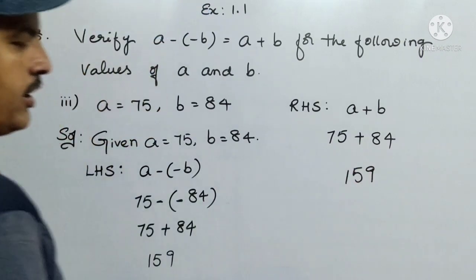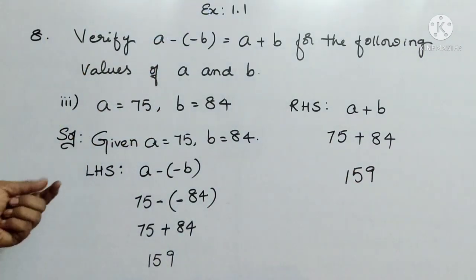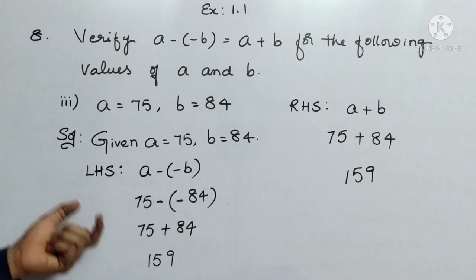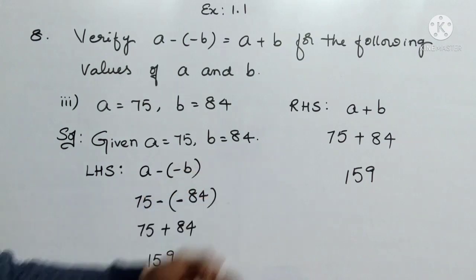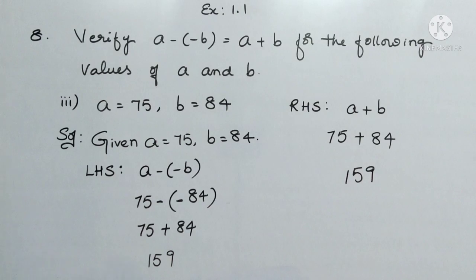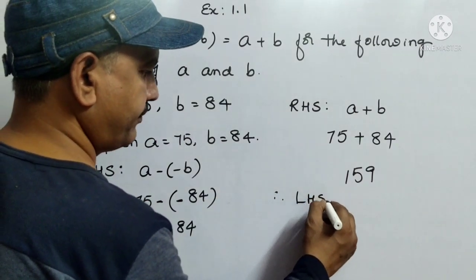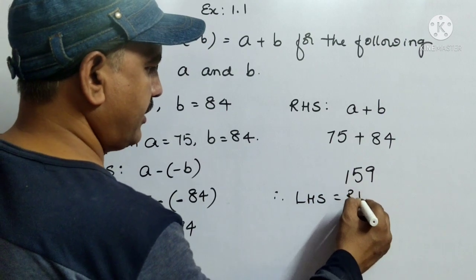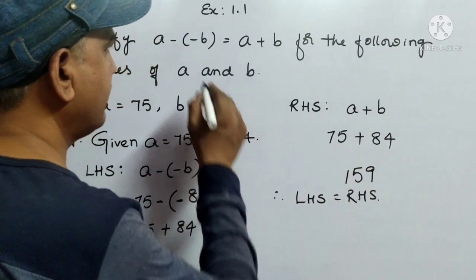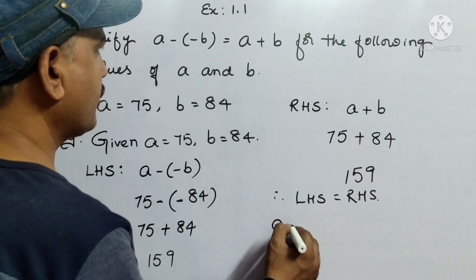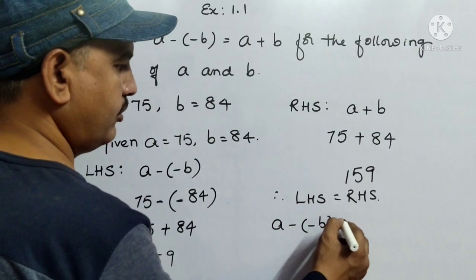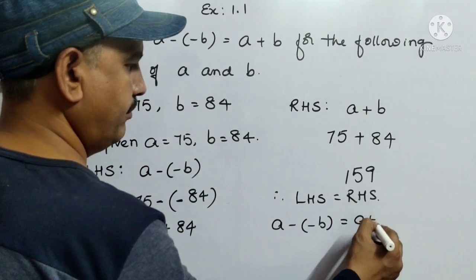So total 159. And if you clearly observe here, LHS is also 159 and RHS is also 159. Therefore, LHS equals RHS. That means A minus of minus B equals A plus B.